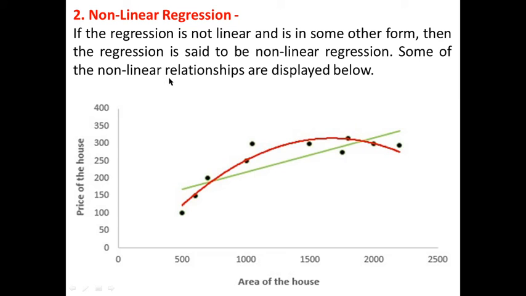Some of the non-linear relationships are displayed below. On the y-axis, prices of the houses, it is the dependent variable, and on the x-axis, area of the houses in square feet, it is the independent variable.